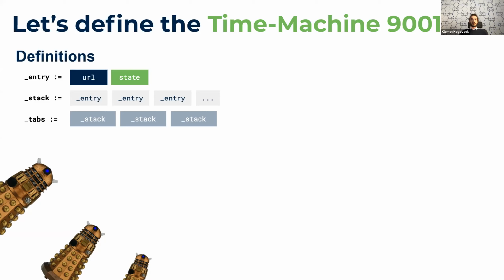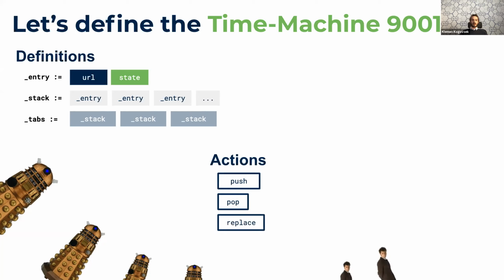So let's look at some interactions that we would allow with this API. We can push an entry, and we can replace state and pop state. We can also change a tab. And now that we have all this, let's see what properties we need.